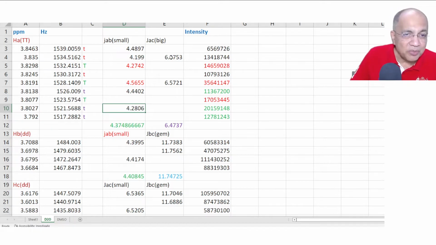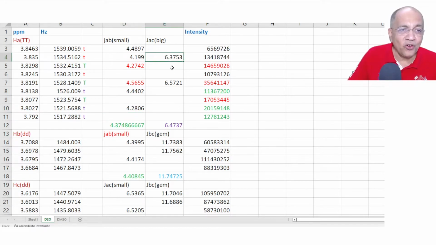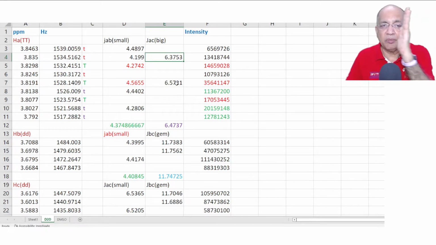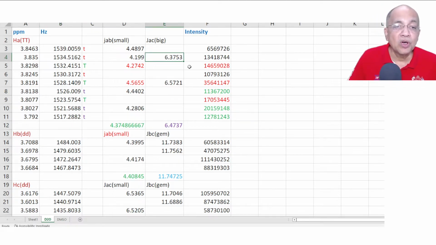Then how to get the big J? You go for the midpoint. I told you the midpoint of the first triplet and the midpoint of the second big triplet. This is B4 minus B7. B4 is the cell number, I mean this row number, but actually it is the component 2, marked 2 minus 5.